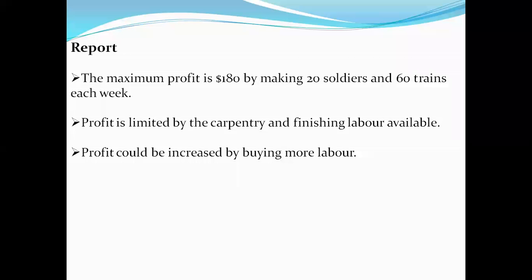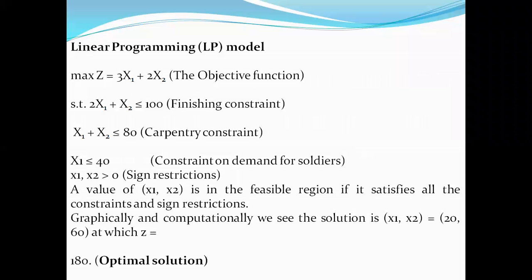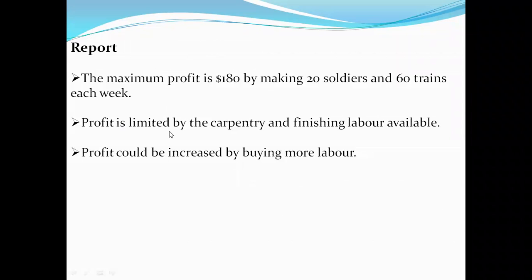And another constraint has been given, that only 100 hours for finishing and 80 hours for carpentry need to be analyzed. So hence, to increase work efficiency, labor should be increased. That is the optimal solution to be given.